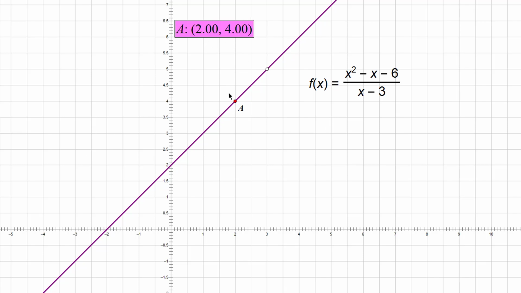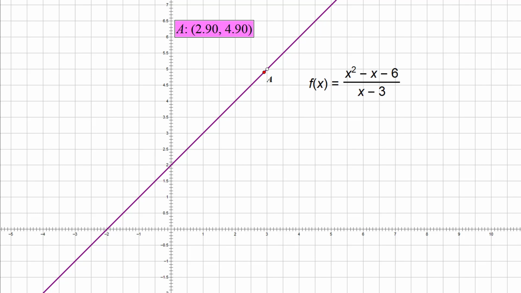Now pay attention to the coordinate of this point as this point moves toward x equals 3. As x approaches 3, watch the y coordinate of this point. For example, when x is equal to 2.9, the corresponding y value of the function is 4.9.